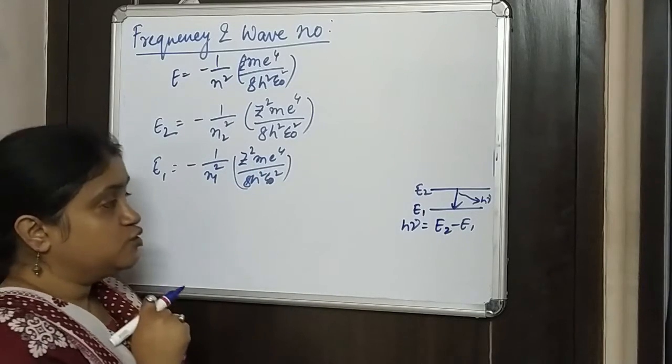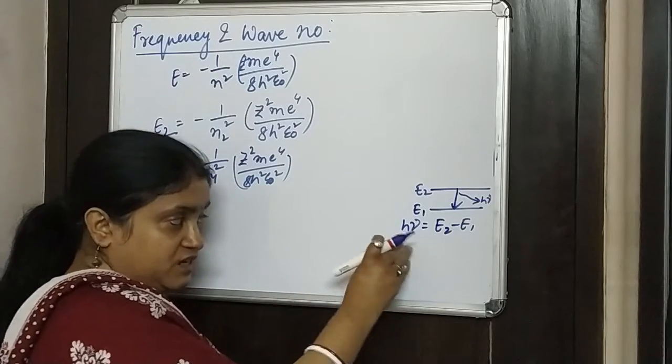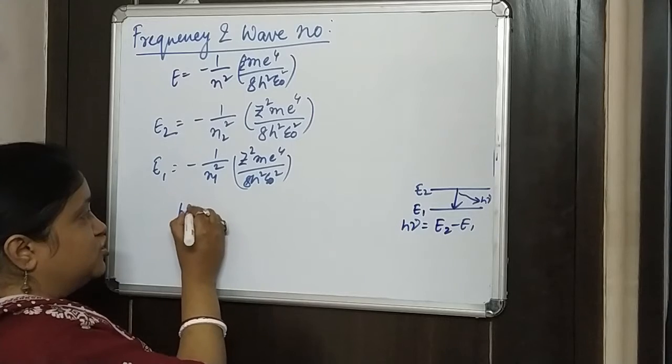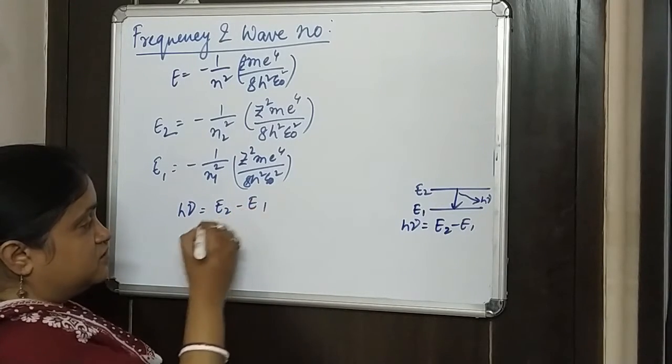So these are the energies of the two energy levels, and now just substituting in Bohr's formula, that is h nu is equal to E2 minus E1.